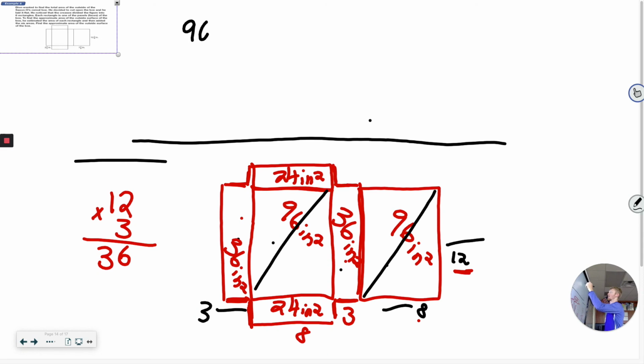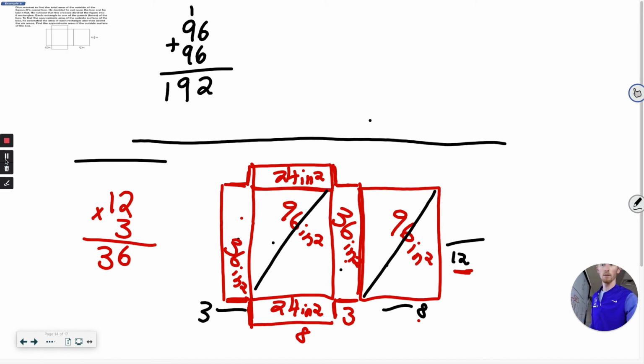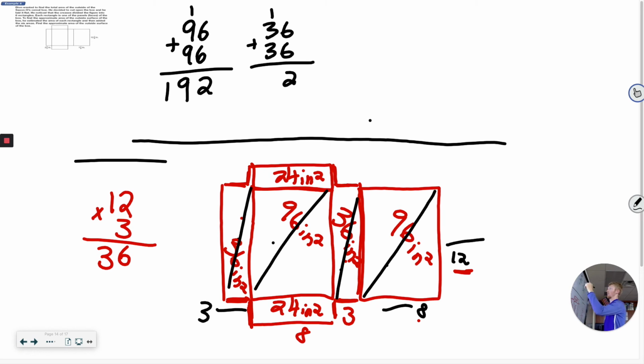I'm going to do 96 plus 96. 9 plus 9 is 18, plus 1 is 19, so that's 192. All right, so the next thing I do is the 36s, so I have 36 plus 36. That gives me 12. 6 plus 1, 7. Then I do 24 plus 24. 8.